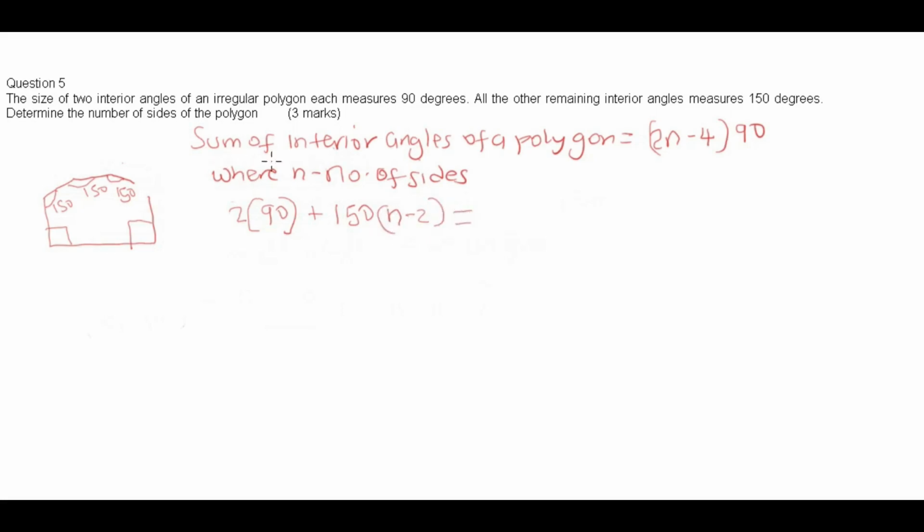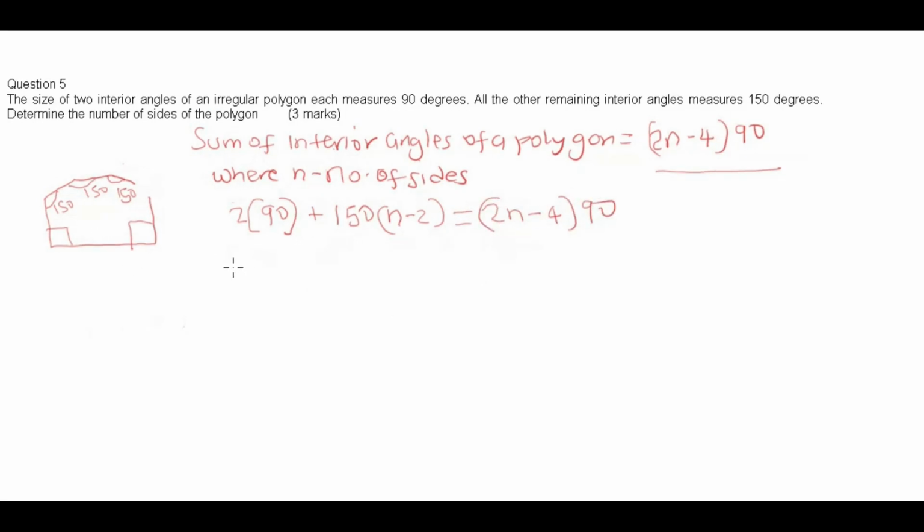This is the same as the sum of the interior angles of the polygon, so we equate it to (2n minus 4) times 90. On the left side, when you add all this, it gives you the sum of the interior angles, and this is the formula for getting the sum of the interior angles.